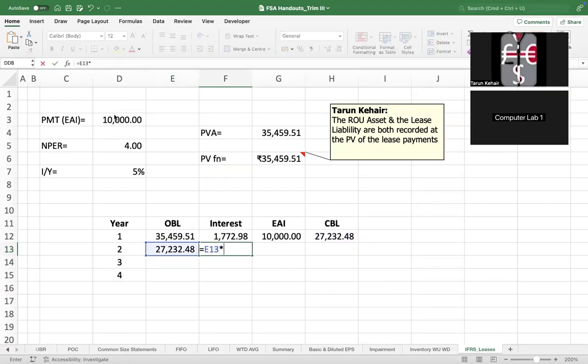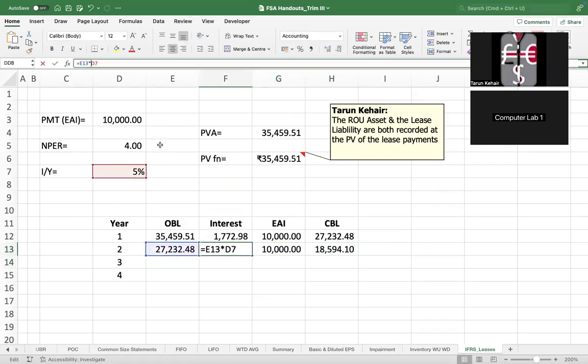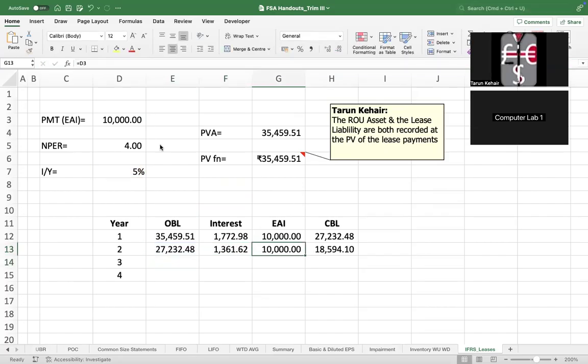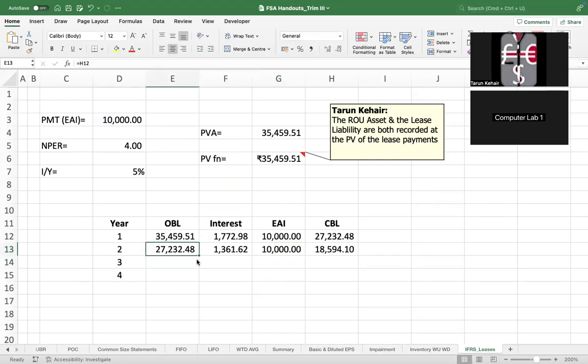Now again you pay interest of 5%. EAI remains at 10,000. Closing again is the same, opening plus interest minus EAI. And when I repeat this exercise for all the 4 years, what should logically happen?